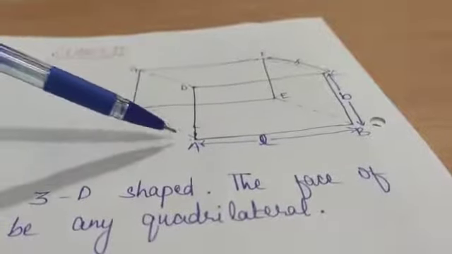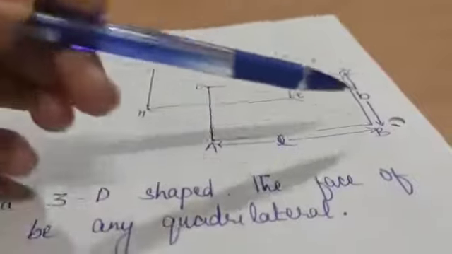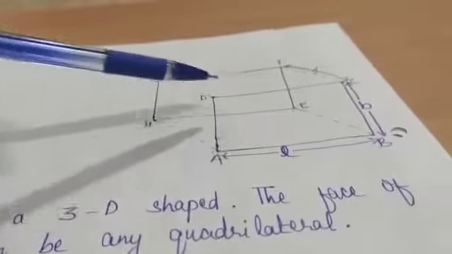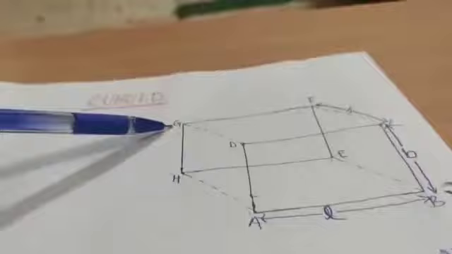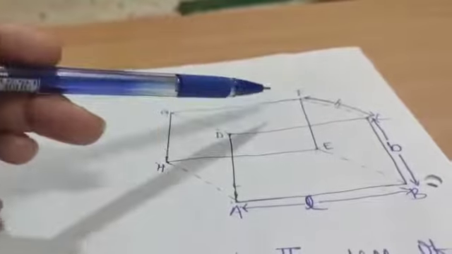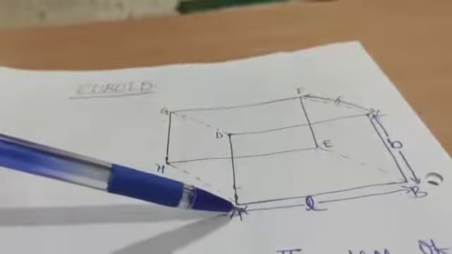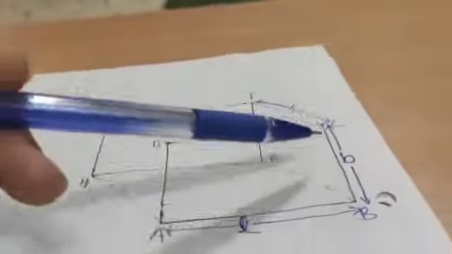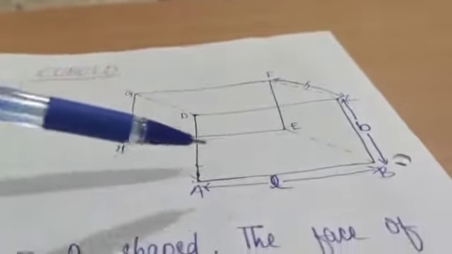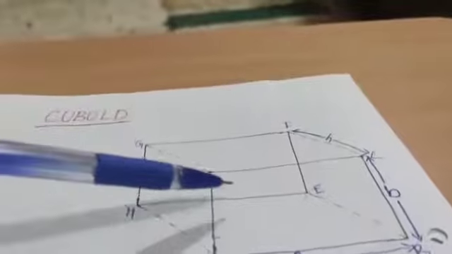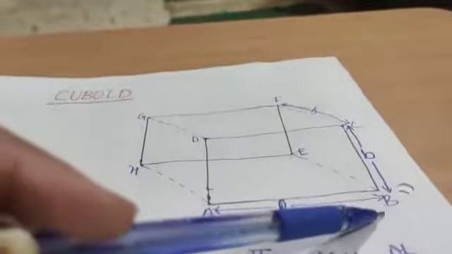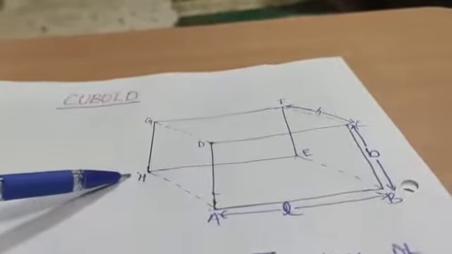In this diagram, the front face is A, B, C, D, and just behind the front face is G, H, E, F. Just like the side faces H, A, D, G, and the side face B, C, F, E. Similarly, the top face G, D, C, F, and the bottom face A, B, E, and H.